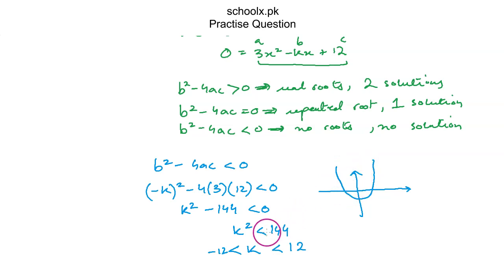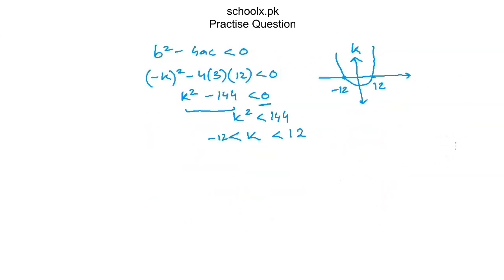So I want to find the values of k for which the expression is less than 0. This is k. So it is less than 0 when k is between negative 12 and positive 12. You have already learned this in the Coordinate chapter. If you cannot understand this completely, refer to the Coordinate section in the mathematics section and see the lecture videos again. Alright? Now, this is the set of values of k for which the line does not intersect the curve.